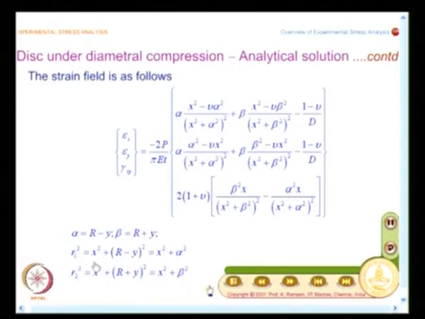You have r1 squared as x squared plus alpha squared, r2 squared as x squared plus beta squared, and you have this second term here as beta into x squared minus nu times beta squared divided by x squared plus beta squared whole squared, minus 1 minus nu divided by d. So, this is the expression for epsilon x.